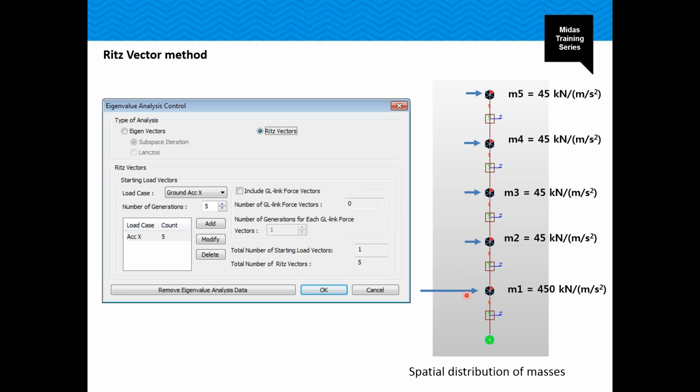Midas provides three default starting load vectors: ground acceleration x, ground acceleration y, and ground acceleration z. Ground acceleration x represents the spatial distribution of mass in the x direction. The number of generations determines the number of modes.